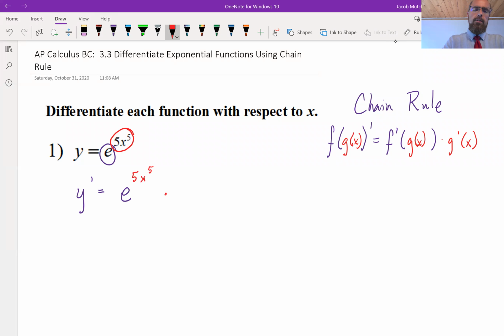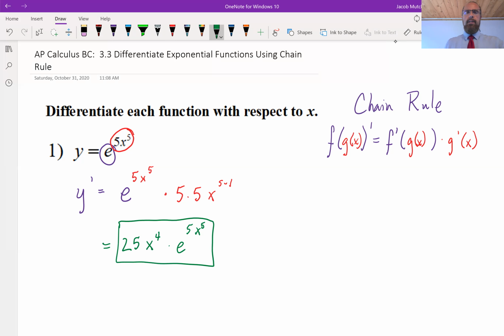And then I want to multiply by the derivative of g, which is going to be coefficient 5 times the old power of 5 times x to the power of 5 less 1. And that'll give me the final differentiation as 25, so that's 5 times 5, x to the power of 4 times e to the power of 5x to the fifth.